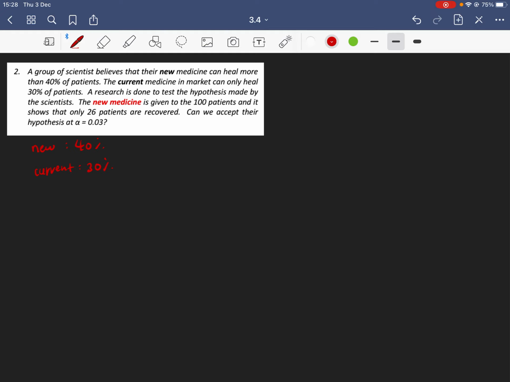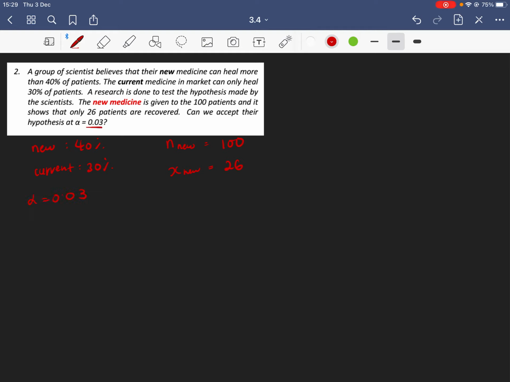A research is done to test the hypothesis made by the scientists. The new medicine is given to 100 patients, so n for the new medicine is 100, and it shows that only 26 recovered. So x for new recovered is 26. Can we accept the hypothesis at alpha 0.03?